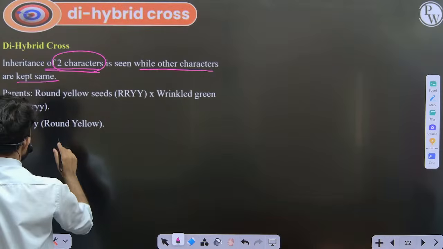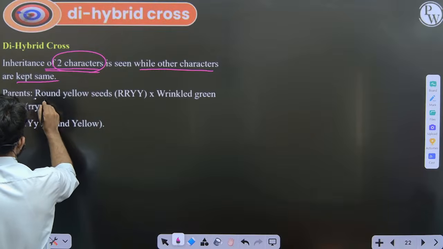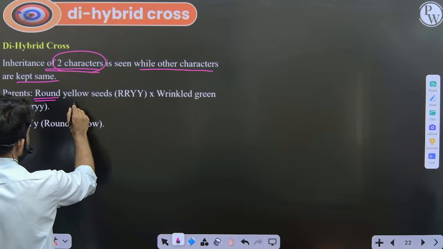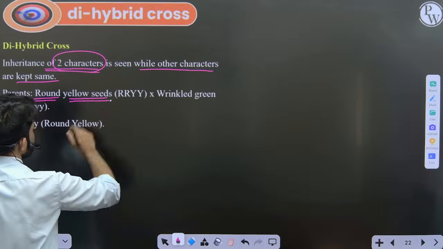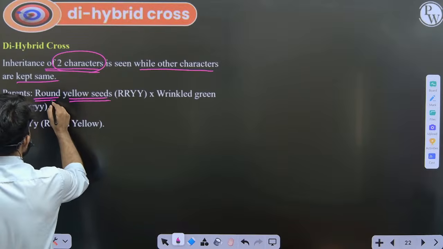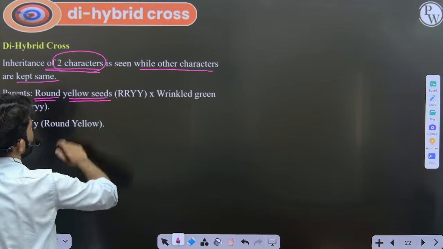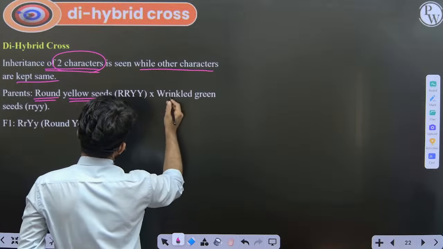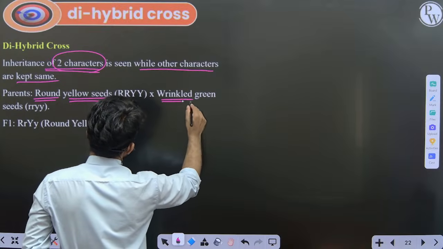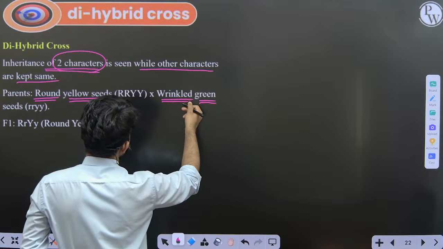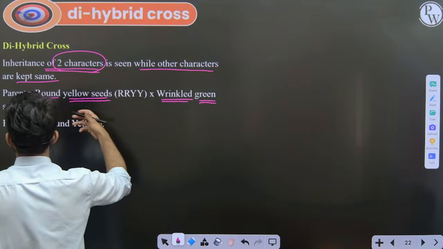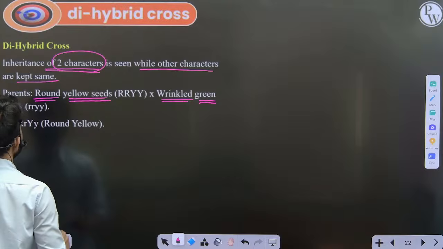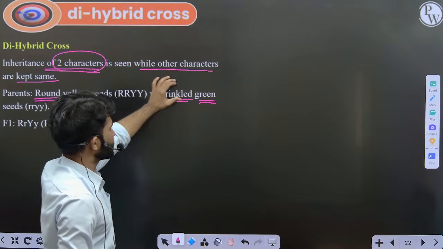What are those two characters taken? They are seed shape as well as seed color. Round and yellow seeds are taken, and the other parent has wrinkled and green seeds.